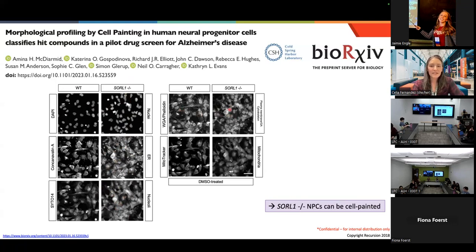Hard to tell if there are any differences in this actin cytoskeleton marker. Maybe some differences in the mitochondria. It's maybe less punctate in the sortilin knockouts, but anyway, they showed that yes, we can reliably cell paint these. So they were able to knock out, create the disease model, and run the disease model through their assay.